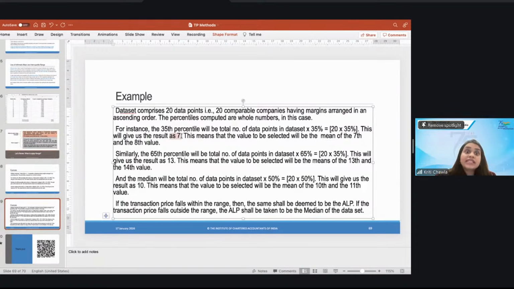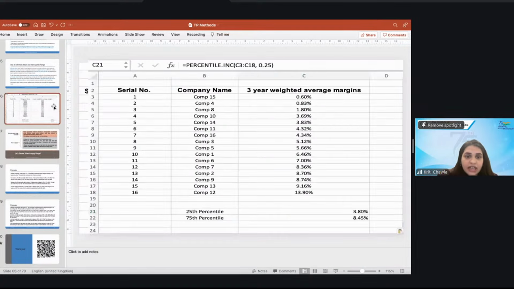Now, this basically means that it's not going to be the seventh value. It's going to be the arithmetic mean of what is appearing on the 7th point and the 8th point. So it's going to be the arithmetic mean of 4.34 plus 5.12 divided by 2. This is how it's actually done.